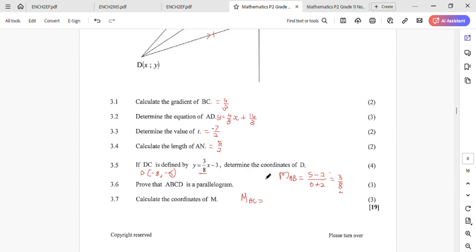So our midpoint formula is just add the x coordinates of 2 points, so it's going to be xa plus xc.